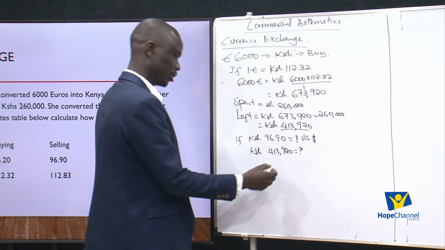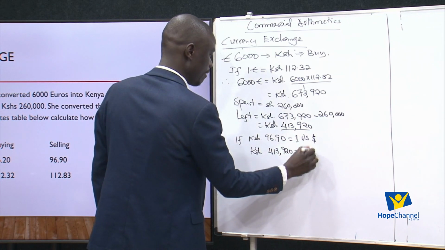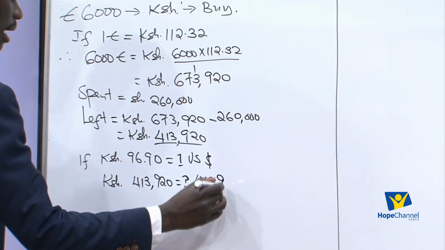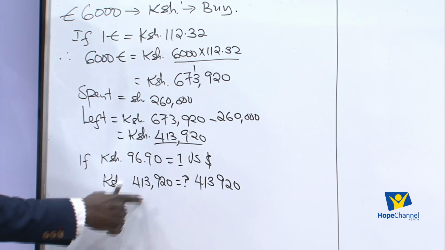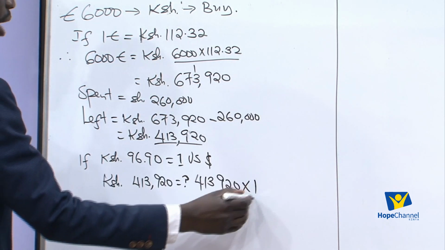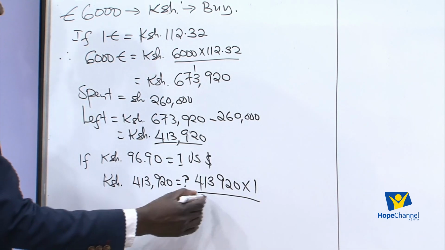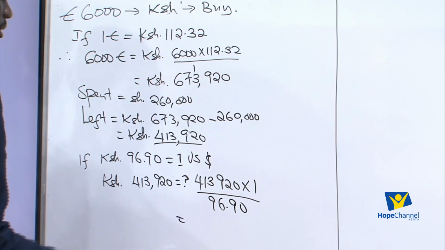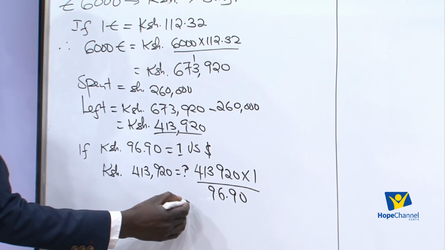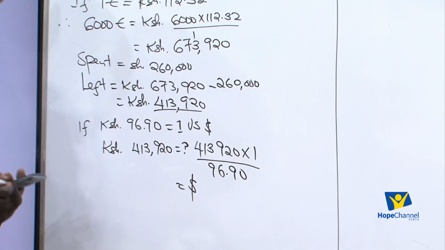How many US dollars will this give us? Remember, we do cross multiplication: 413,920 times 1, everything divided by 96.90.